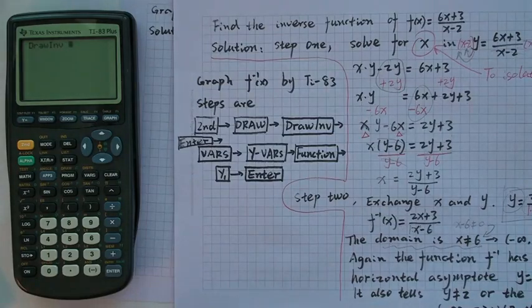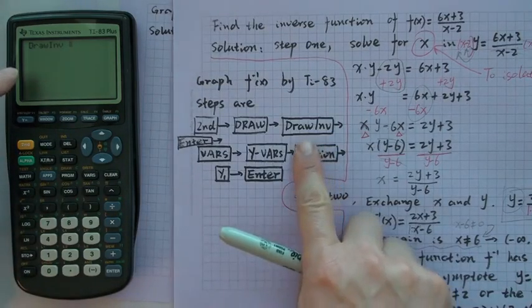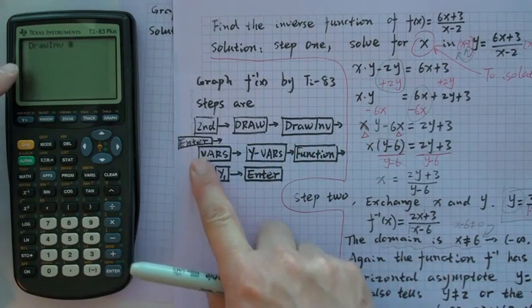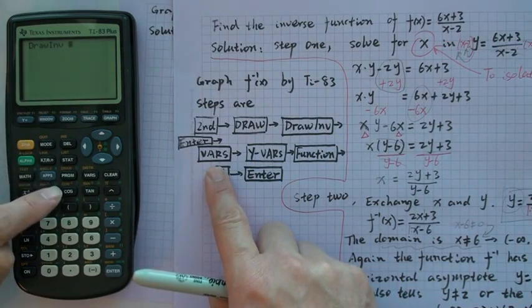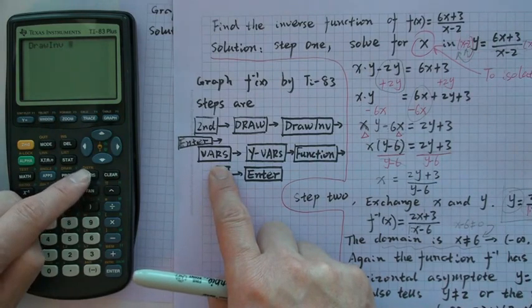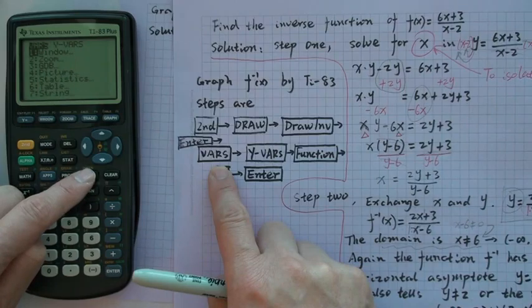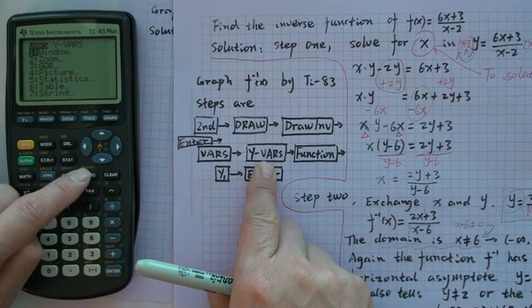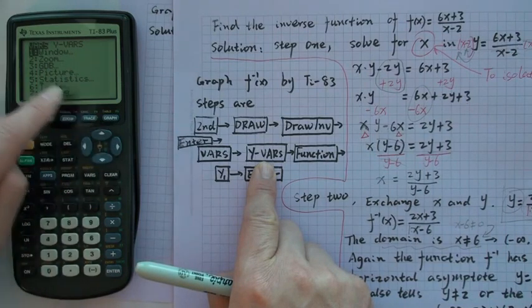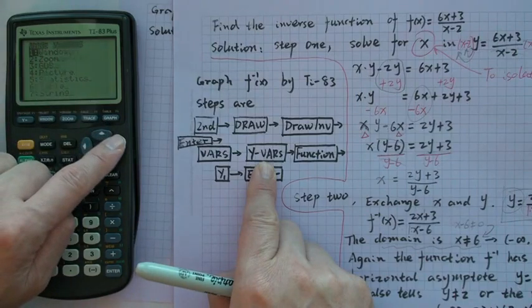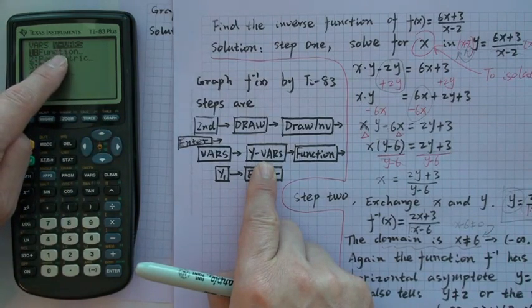So draw inverse, enter, and then variables. Highlight Y variables. Move your cursor to the right, where variables is highlighted.